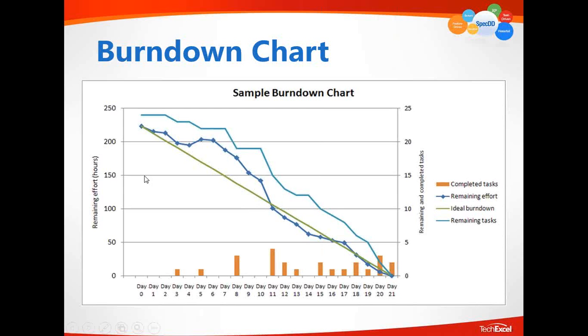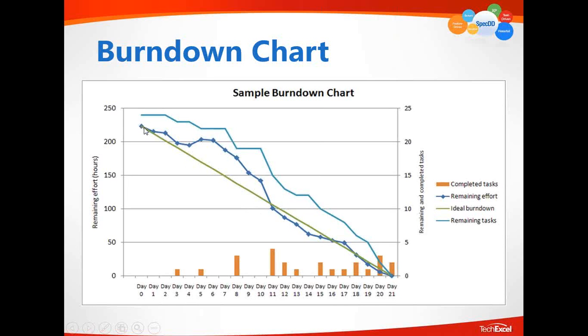On day 0, day 1, the features and the tasks are committed, representing the workload of a team for the entire sprint. The blue line indicates the time remaining effort. The green line indicates the number of tasks that still remain open.